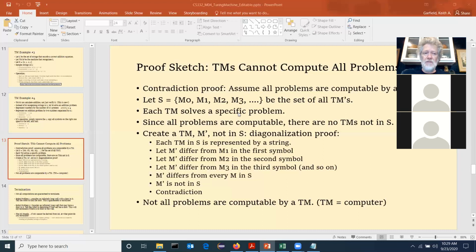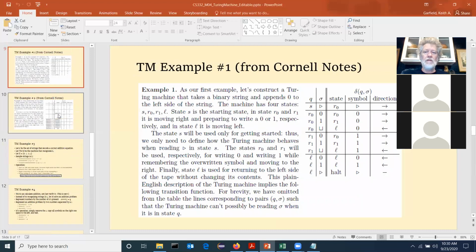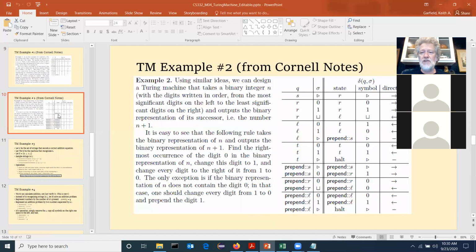Now, one thing to think about is Turing machines. Here's the table, right? What if I took each row of that table, and instead of writing those rows one below the other, I wrote those rows one after the other? Now what do I have? I have a string. So I can represent a Turing machine as a string, and that's going to become critical in the next part of the discussion.